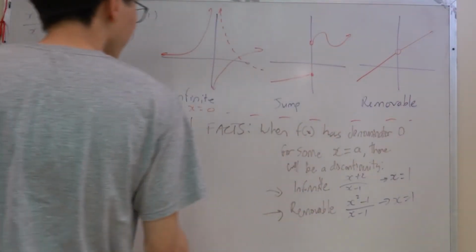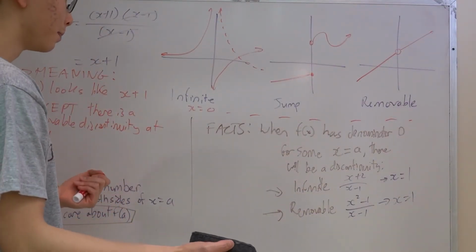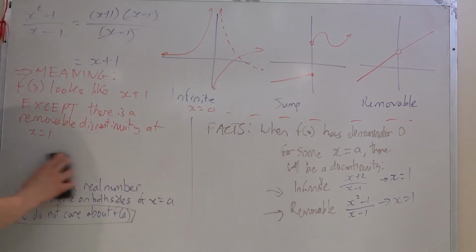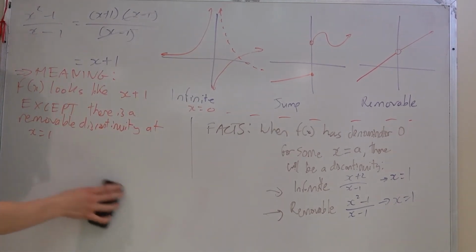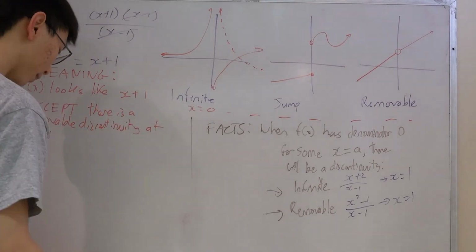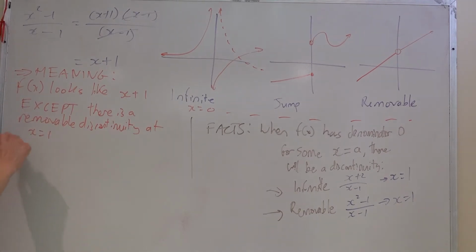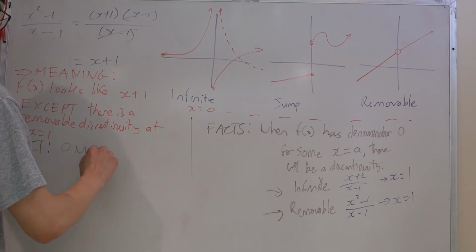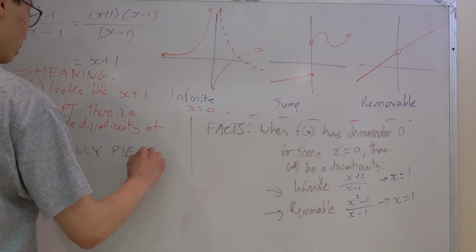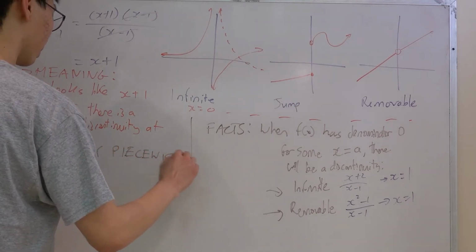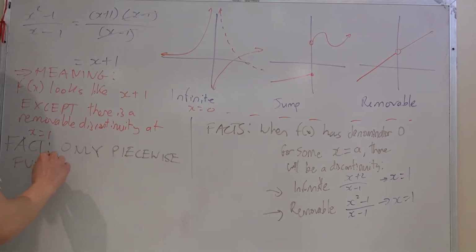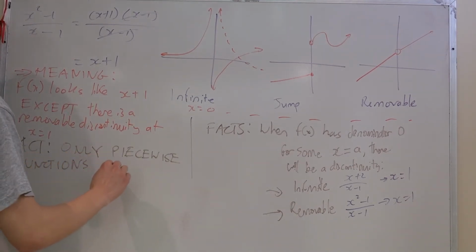So, there's only one last question. Okay? And our last question is just, how can you get a jump discontinuity? And here's another fact. Unless you're presented with some very, very strange function, only piecewise functions can jump.